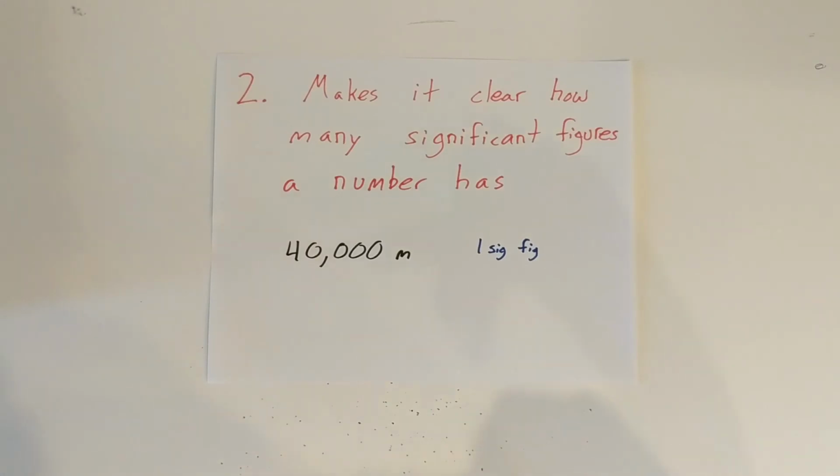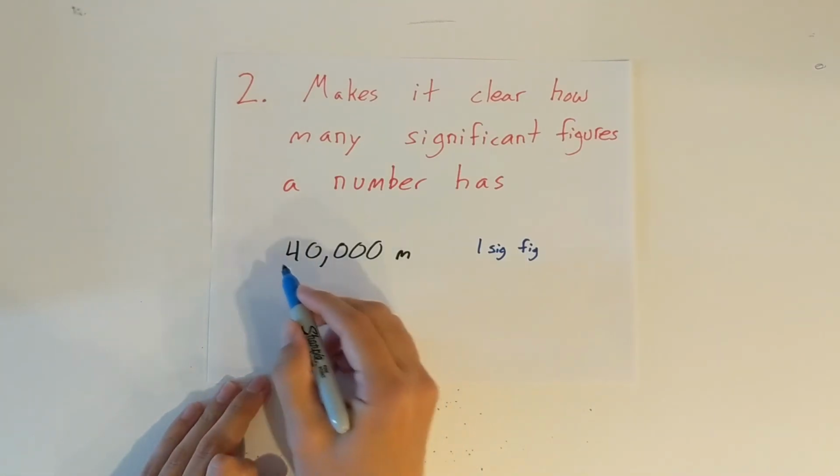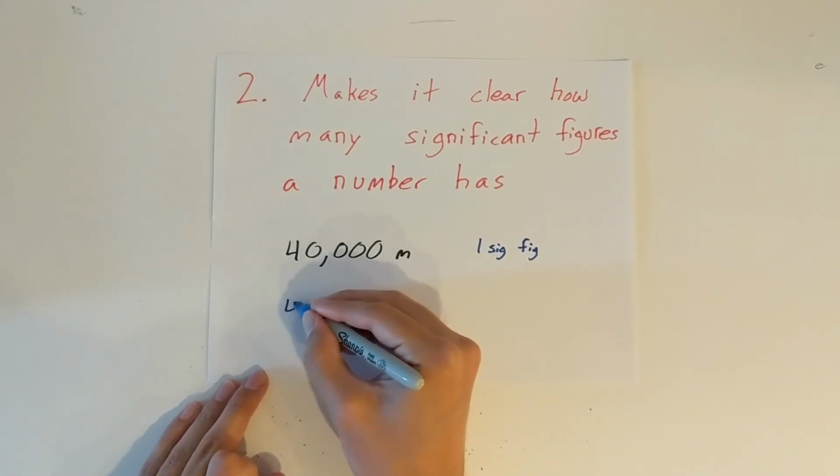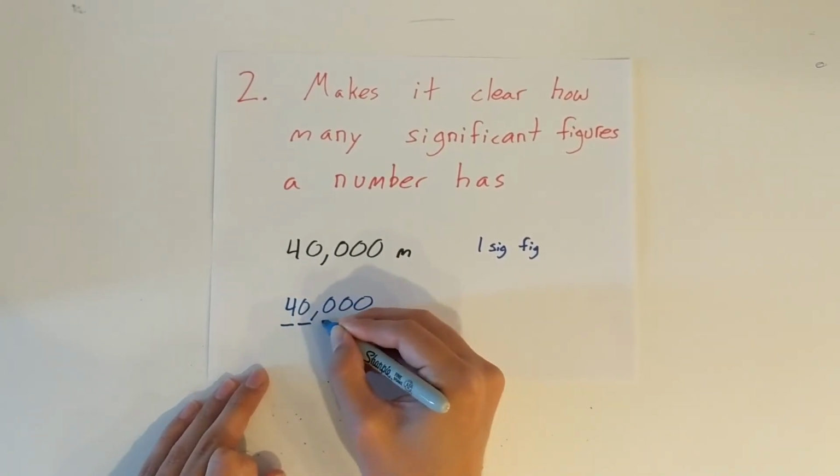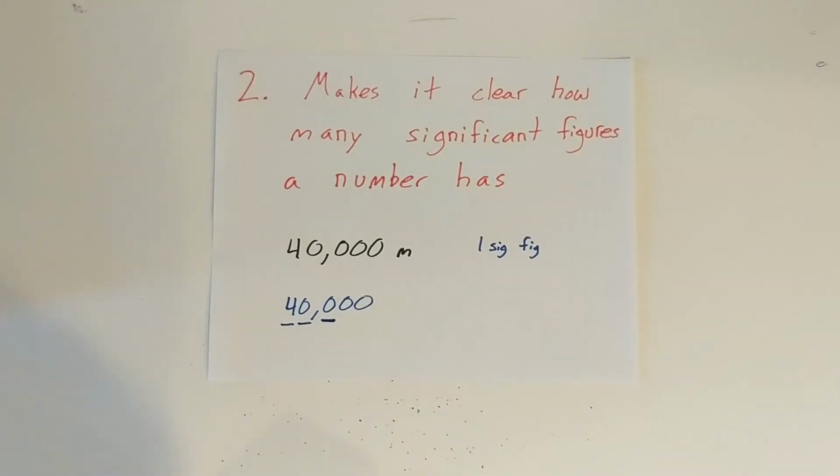But in reality, let's say our tool was good enough to give us significant figures to the nearest 100. So in reality, our tool is accurate to the nearest 100th spot.